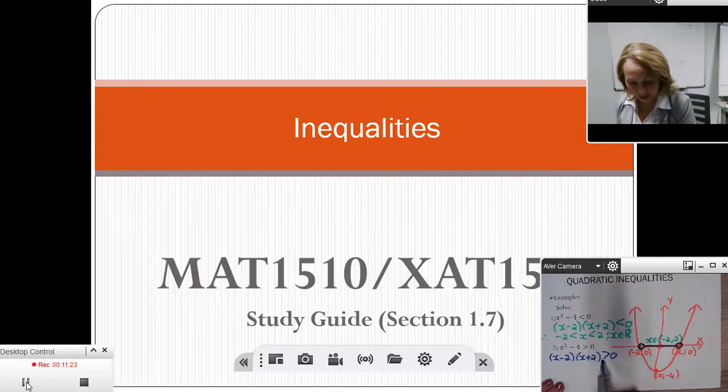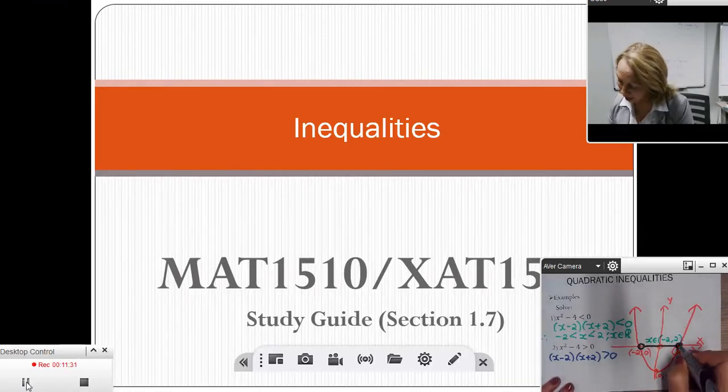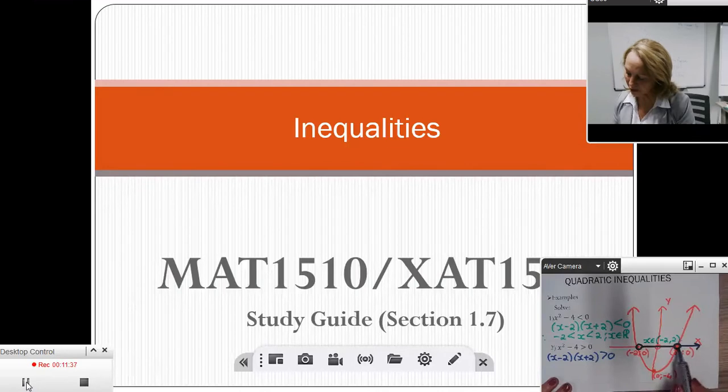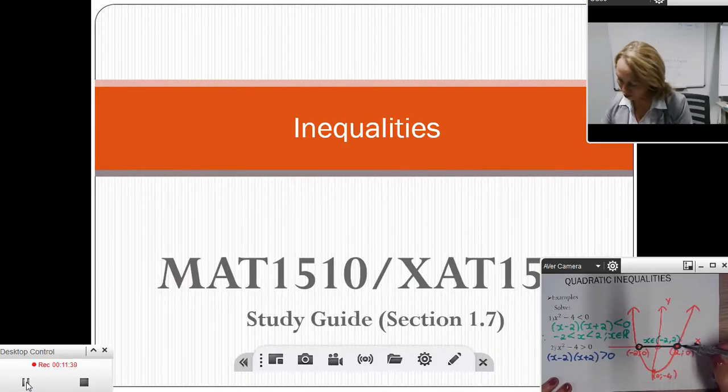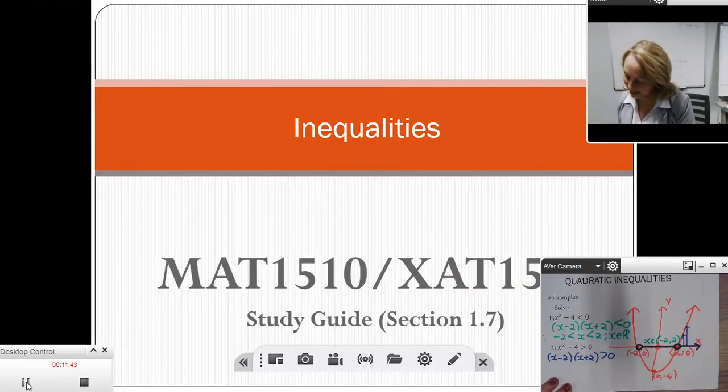The sign change of the inequality means you're looking for where the graph is positive. Okay, so this time all the values to the right of +2 will be where the graph lies above the x-axis, and similarly all values to the left of -2 will be where the parabola lies above the x-axis.